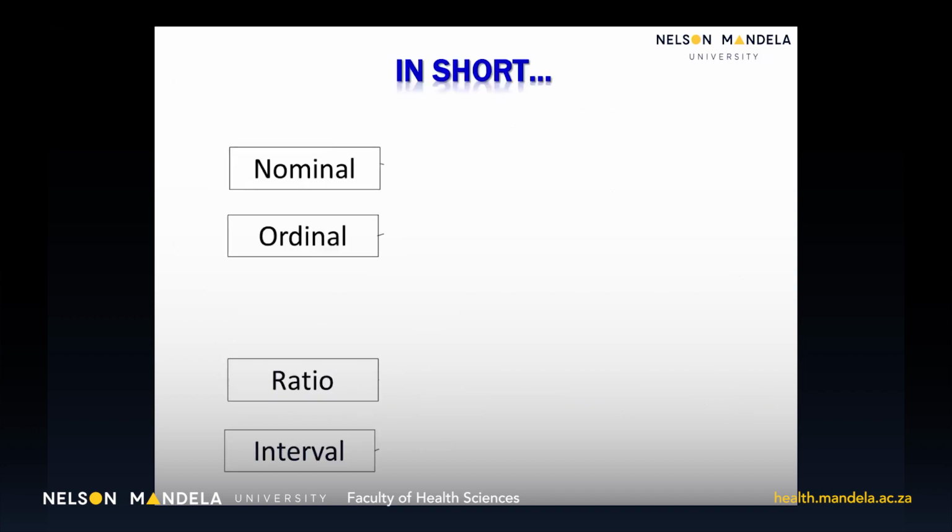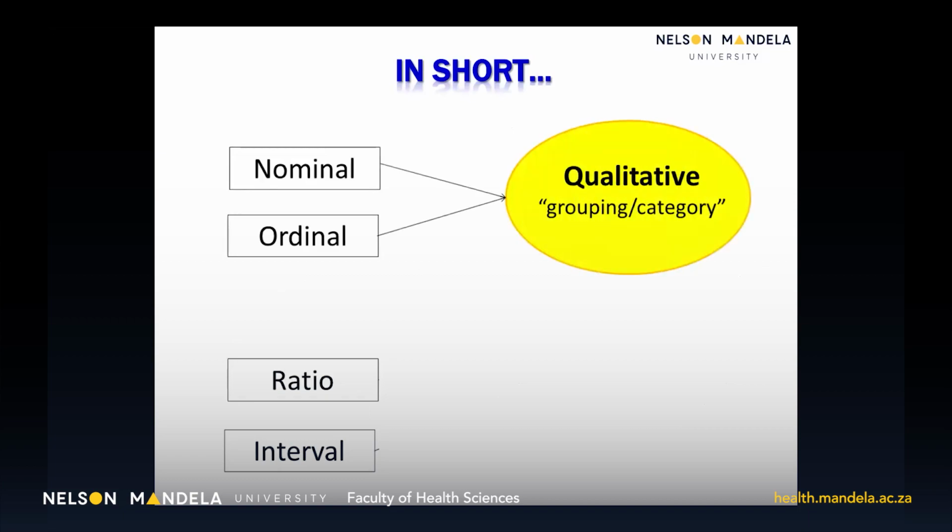Okay, so in short, once you get your information, either from a questionnaire or testing or experiment, before you proceed to analysis, you always ask yourself: is it nominal, ordinal, interval, or ratio? Because if it's nominal or ordinal, it means your answers are in categories. In that case, you are most likely to do some qualitative-related analysis or some grouping statistical analysis.